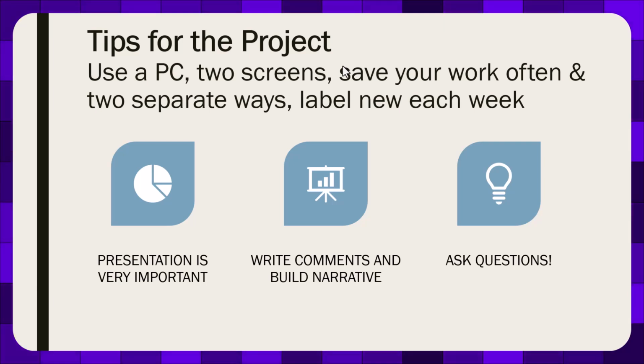I think that if we were to survey all the students who have taken this class before, that would probably be their number one recommendation, because you can't always control that. And even for me too, if something was to crash, I can go back 1 week and then work from there versus having to start all over again. So that's my recommendation.